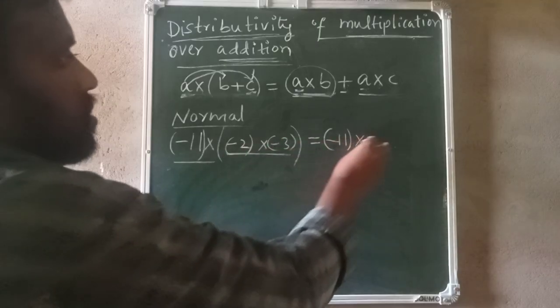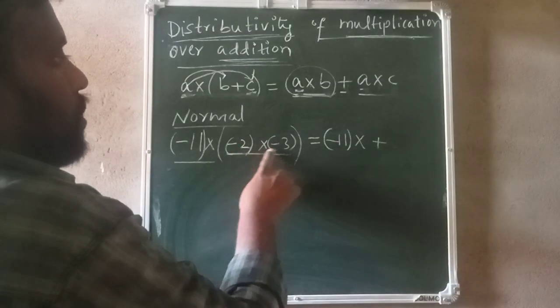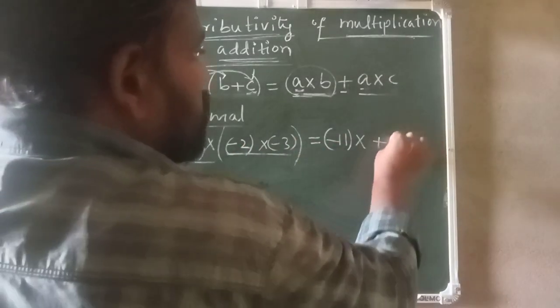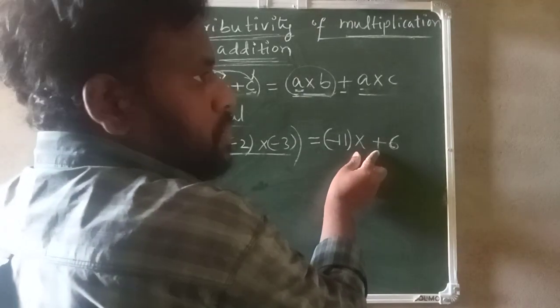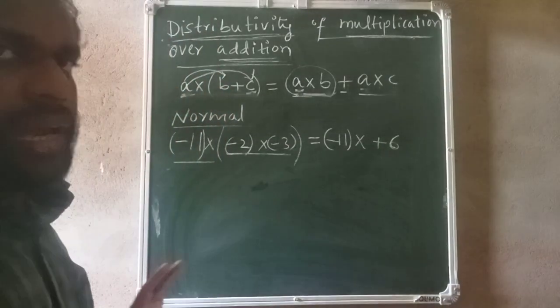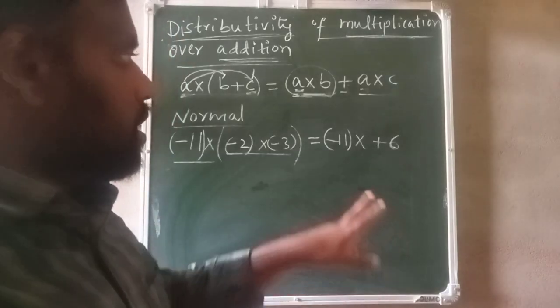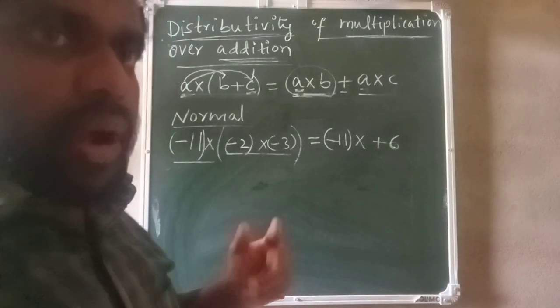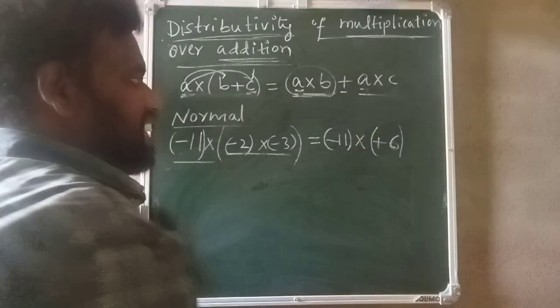Minus into minus is plus, 2 into 3 is 6. Two signs should not be present one beside the other, so to avoid that, use a bracket for this: plus 6.